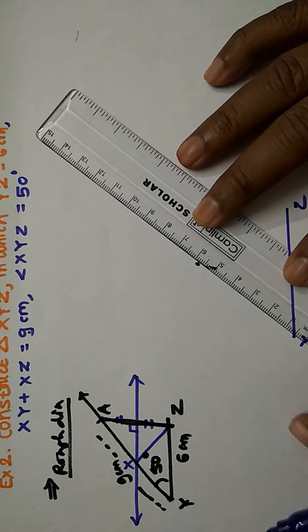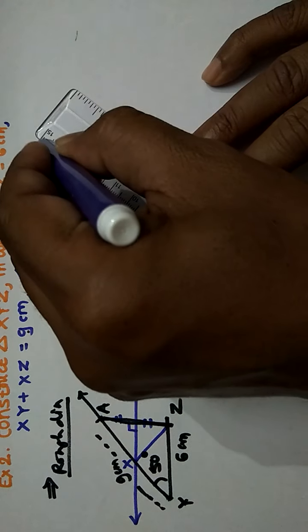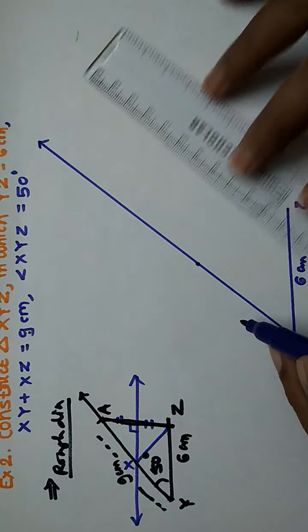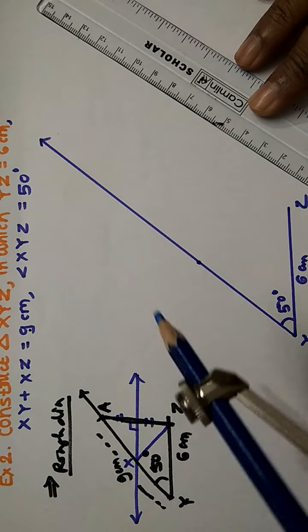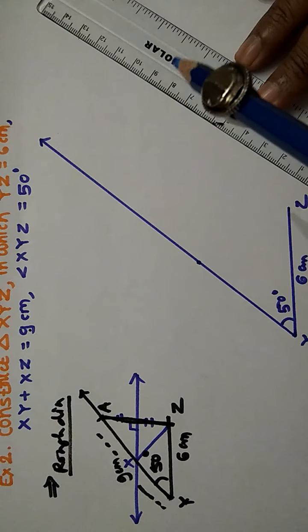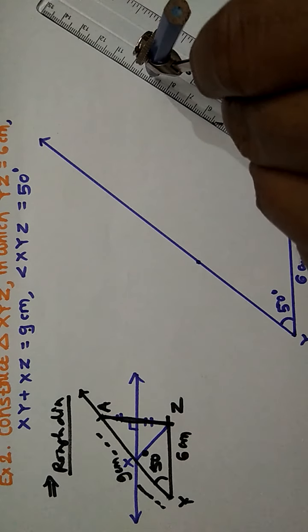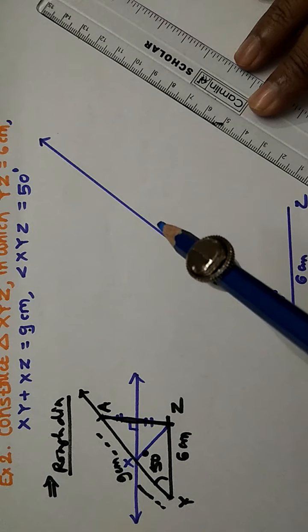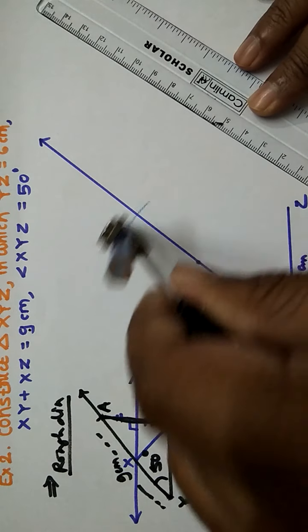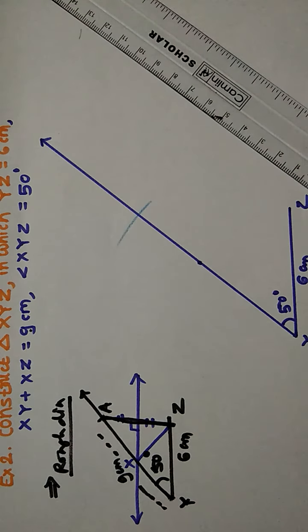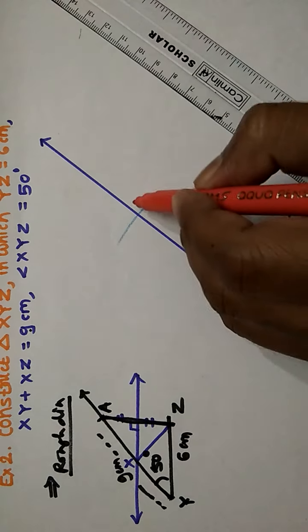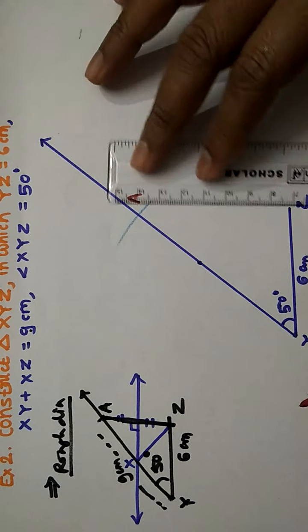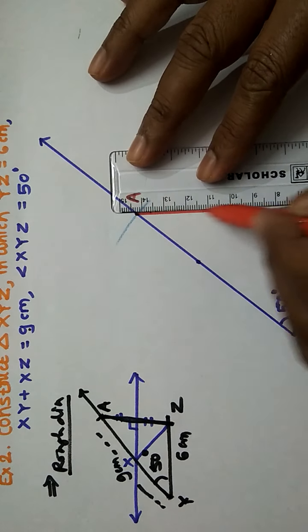Draw a ray, 50 degree. Now take the distance 9 centimeter in your compass and intersect this ray. Name this point, as in the rough diagram, A. Join point A and Z.